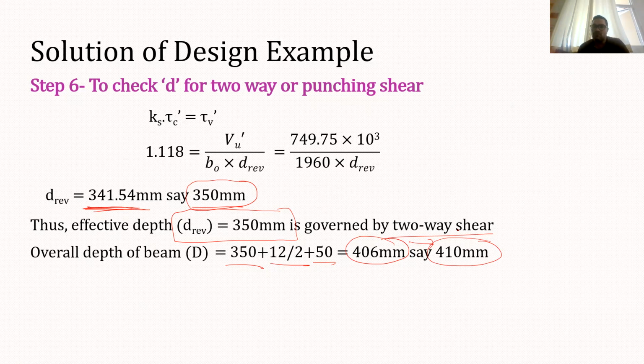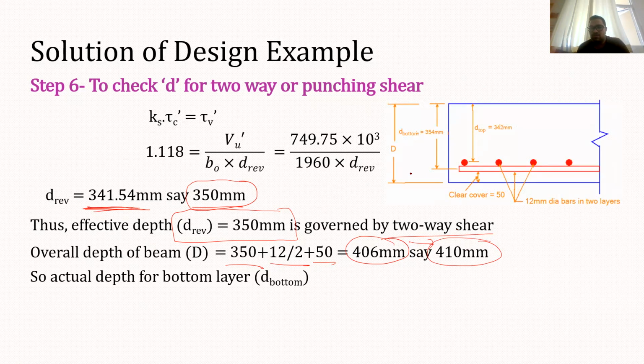Now, because we have to design the foundation, we have to find out reinforcement also. So for both layers, we have to find out effective depth for the bottom layer and for the top layer. So effective depth for bottom layer will be 354 and for top layer it will be 342. How do we calculate it?